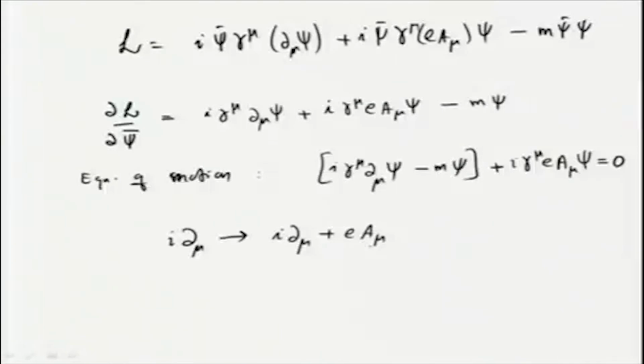To accommodate this, we had to make the gauge transformation change. There is an extra i factor here, the way we had done the transformation, but this can be taken care of by considering D mu as equal to dou mu plus i e A mu.